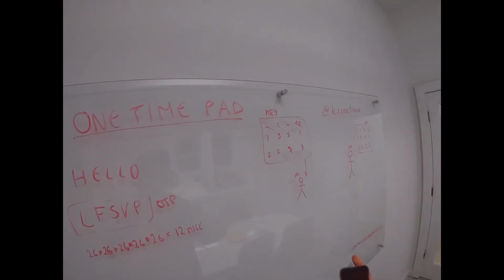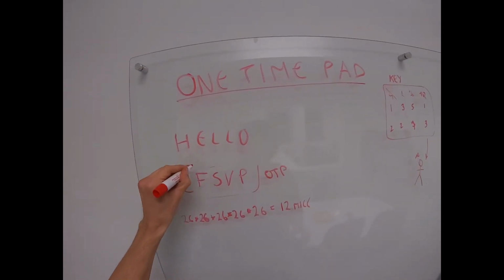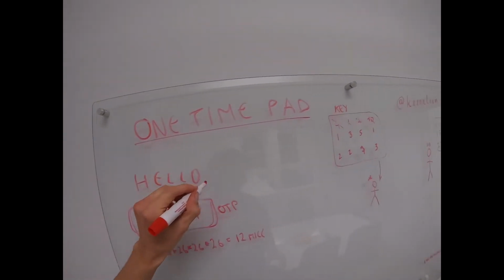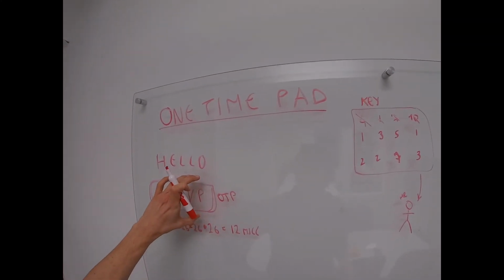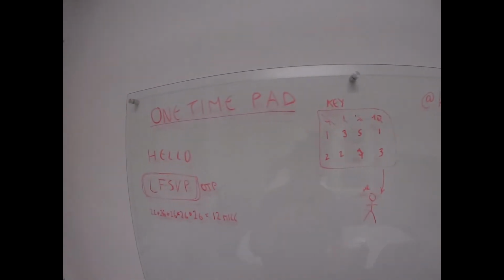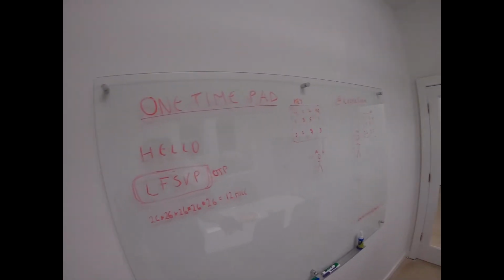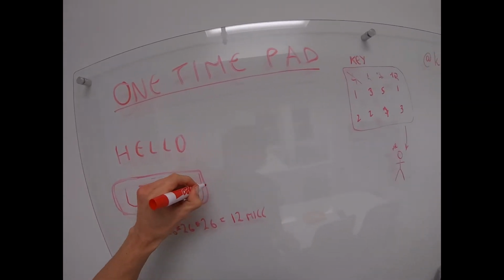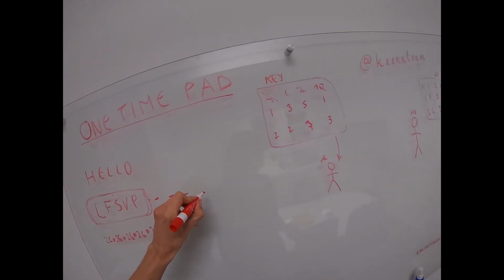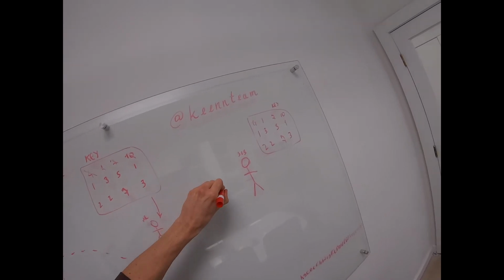Now, to conclude the example, I encrypted this, hello, using this one-time pad. Now I'm going to deliver this message to Bob, and I can even yell this to Bob. The point of encryption is that the ciphertext can be transmitted in public to Bob.